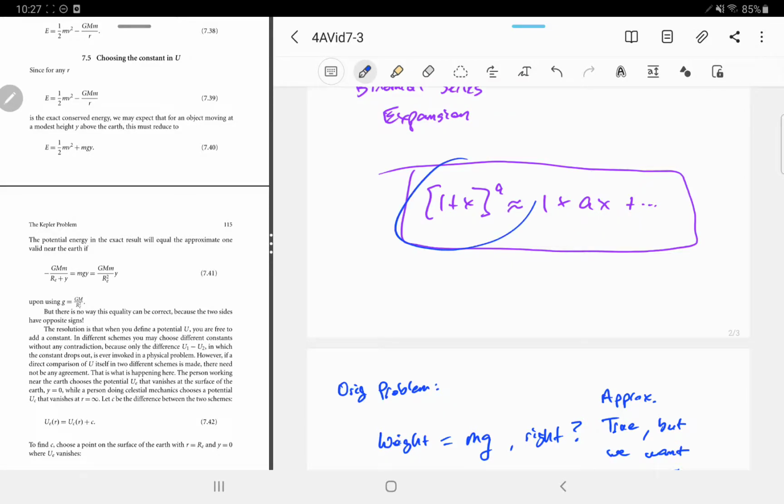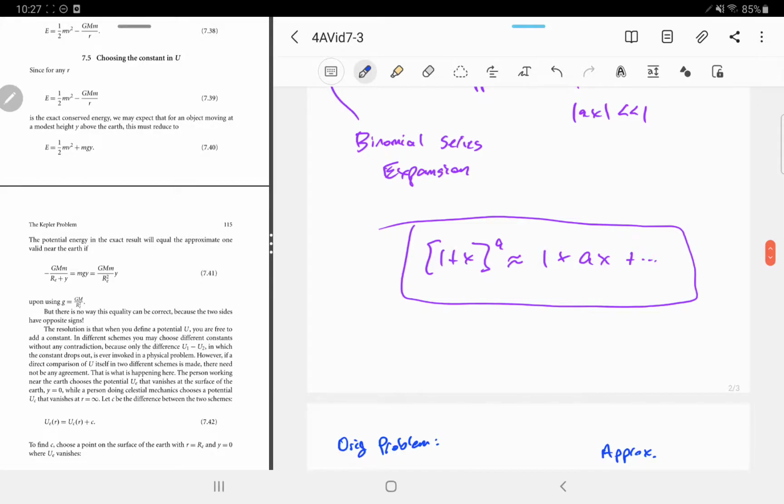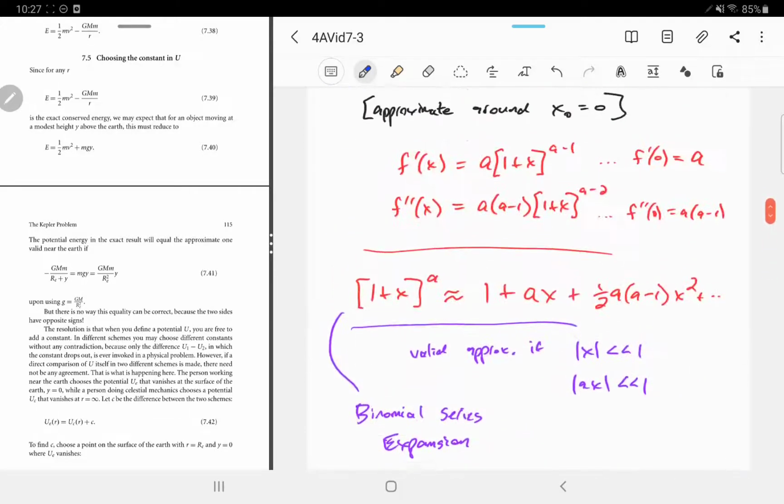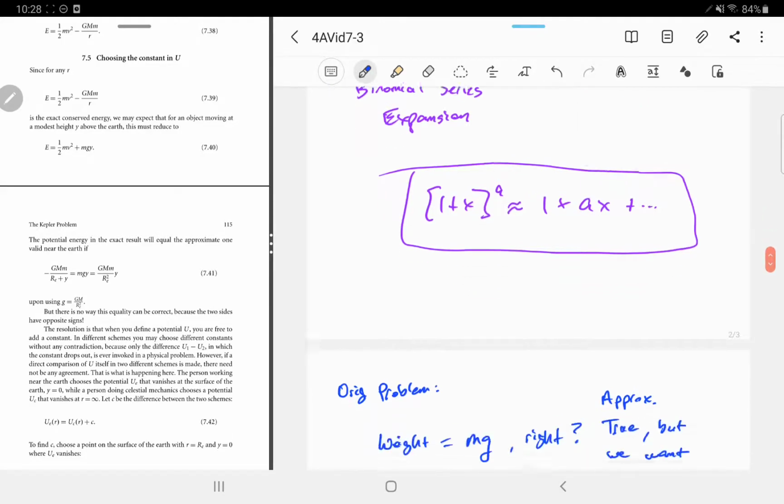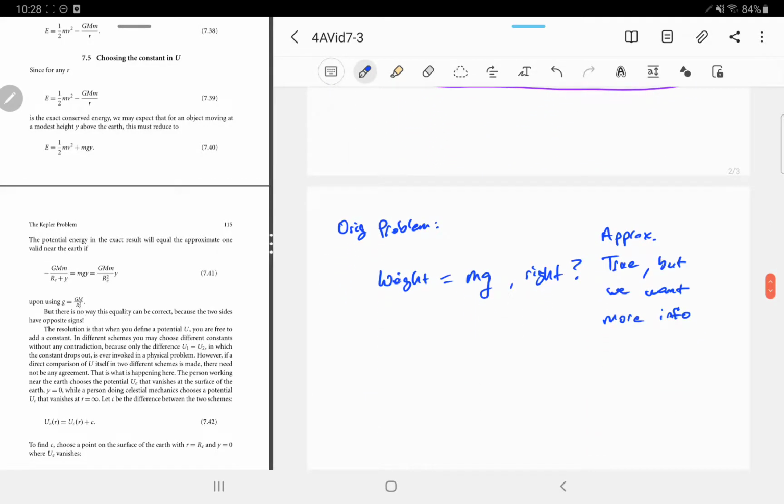So in other words, if x is small, 1 plus x to the a is approximately equal to 1, right? You could always say that and that would be true. But the point of using this is that we want a little bit more information than that. We want to see how it changes, but we're not interested in the exact value because doing this can be complicated. You're going to see this over and over again in physics, involving complicated functions that you can't evaluate easily exactly. So this approximation comes in handy and it simplifies expressions.